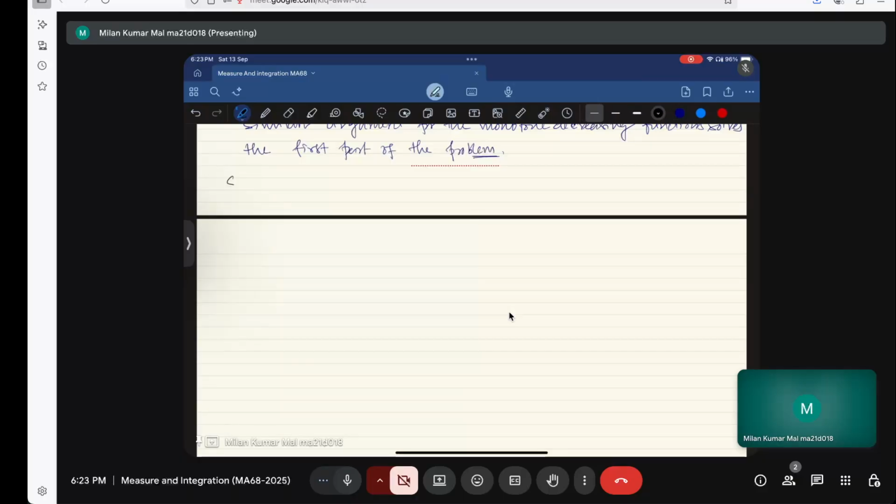The set of discontinuities is at most countable.